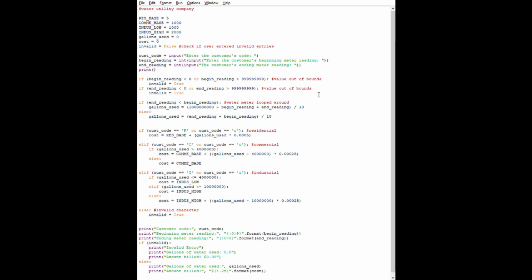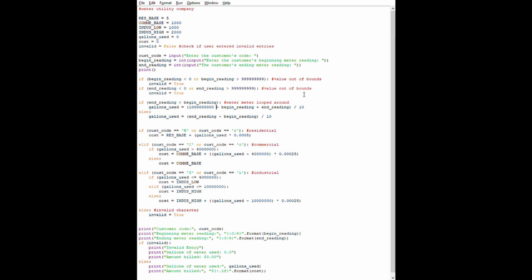But the code will continue working, so regardless of if it's in or out of bounds, anyway, it keeps going. And if the end reading is less than the beginning reading, that means the water meter looped around past 0 and it reset. And so to deal with that, in that case, the gallons used would be basically 0, subtract the beginning reading and then add the ending reading back in.